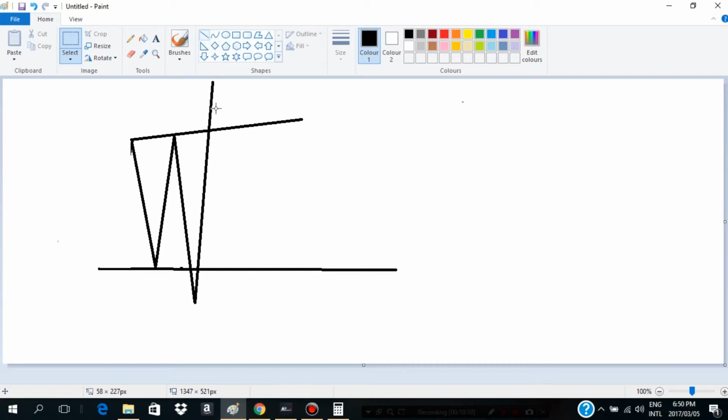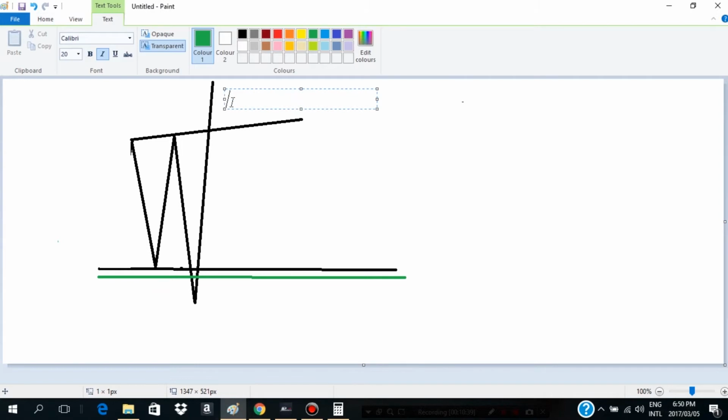Now, if you are still in a trade here, once you see it pass your neckline, you want to double your lot size so that you can break even, so that you do not end up running in a loss.